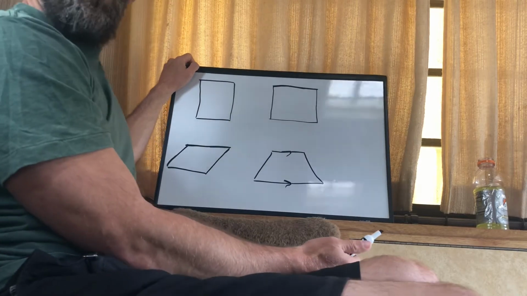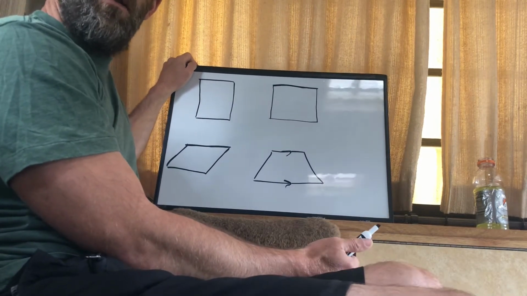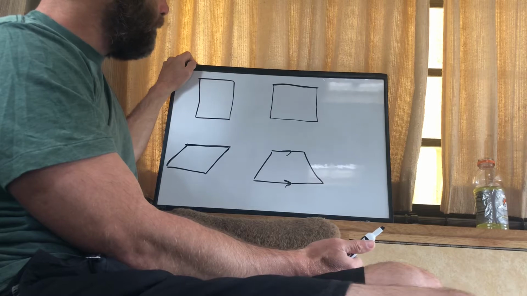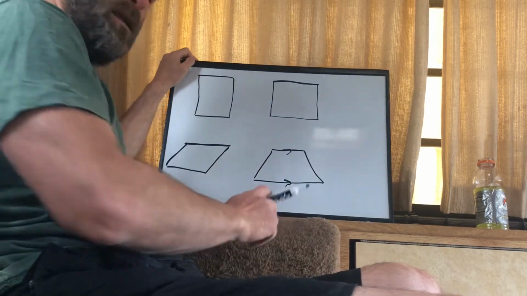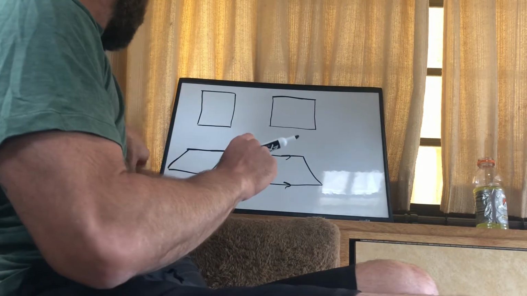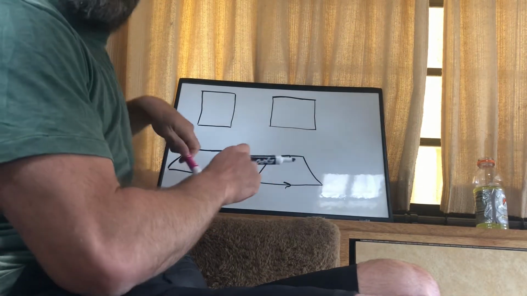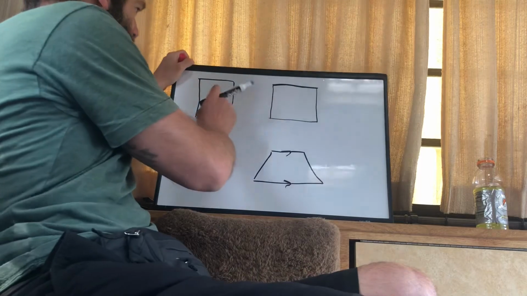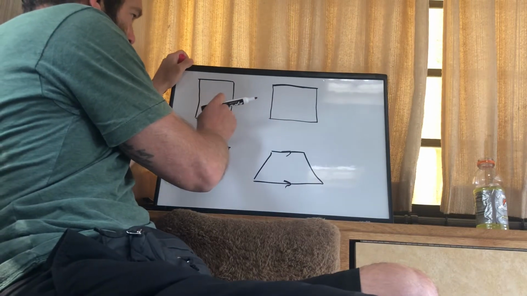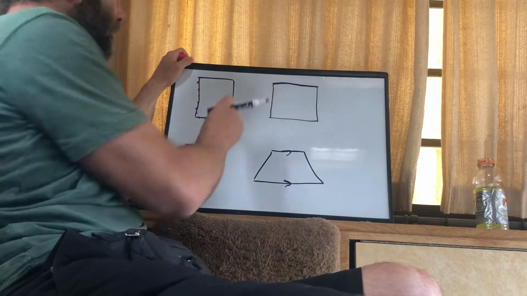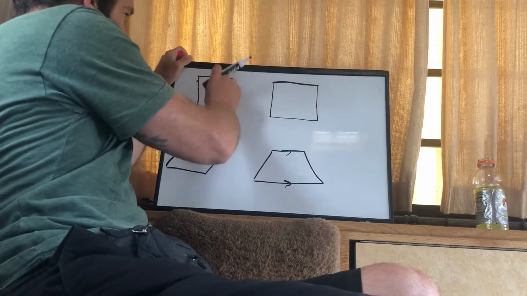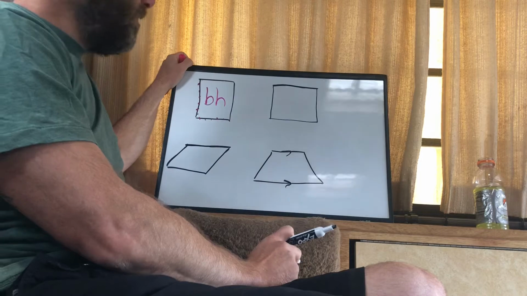Okay, now what I told you in your notes, the area for quadrilaterals, besides a trapezoid, is super simple. It's just the length of your base times how tall it is. It's just base times height for a rectangle.